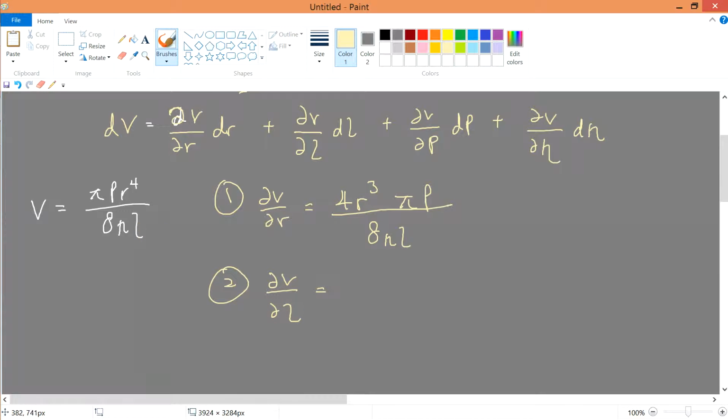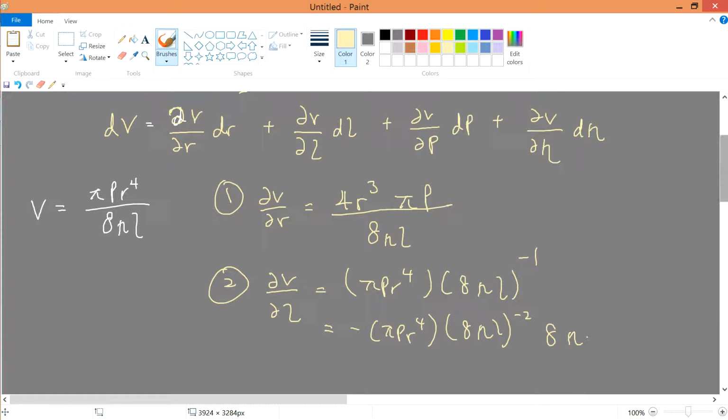Now I differentiate partial V partial L. L is at the bottom, so what I can do is bring it up as L to the power of minus 1. I can do this mentally, but I'll share the method so that you know how to do it mentally next time. I bring this down, and I have minus pi P R to the 4 over 8 n L to the power of minus 2, and then I differentiate the inner one, which gives 8n.